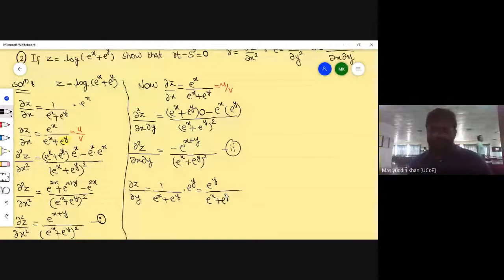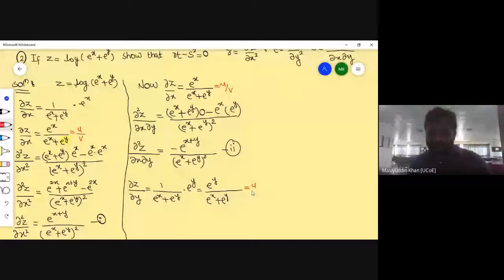Now we have to differentiate this function again with respect to y. So again I'm writing here for better understanding, this is u by v. So you will get dou square z with respect to y square. While treating y square, this part remains constant here, you have to pay attention to this.